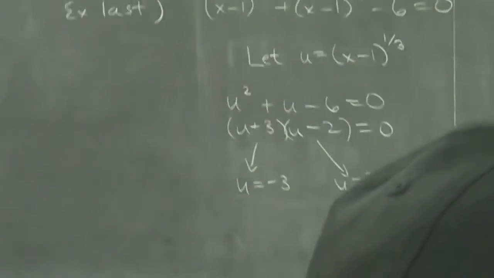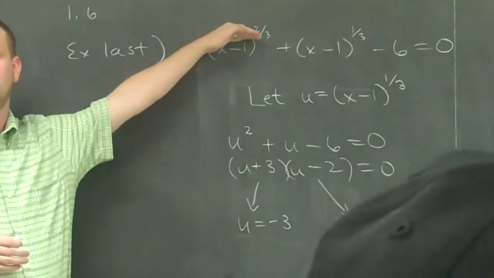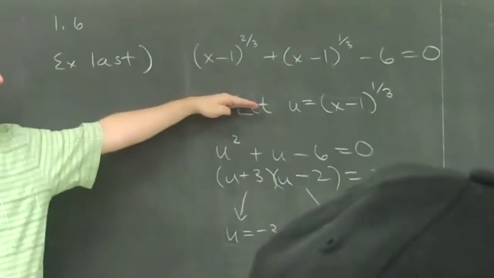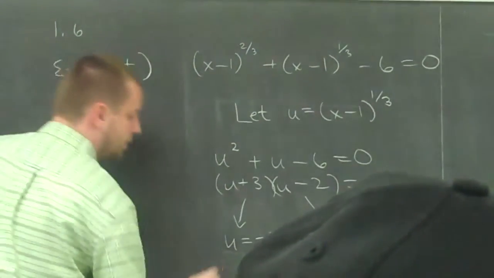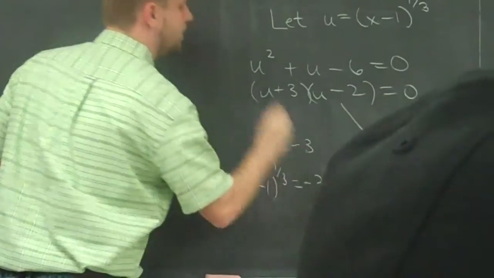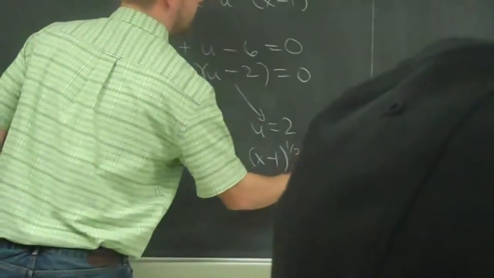Why not? This is u, I need x. So once I get it down to here, how do I get back to x? I replace it with what I defined u to be. If u is x minus 1 to the 1/3, then x minus 1 to the 1/3 power equals negative 3, and x minus 1 to the 1/3 equals 2.